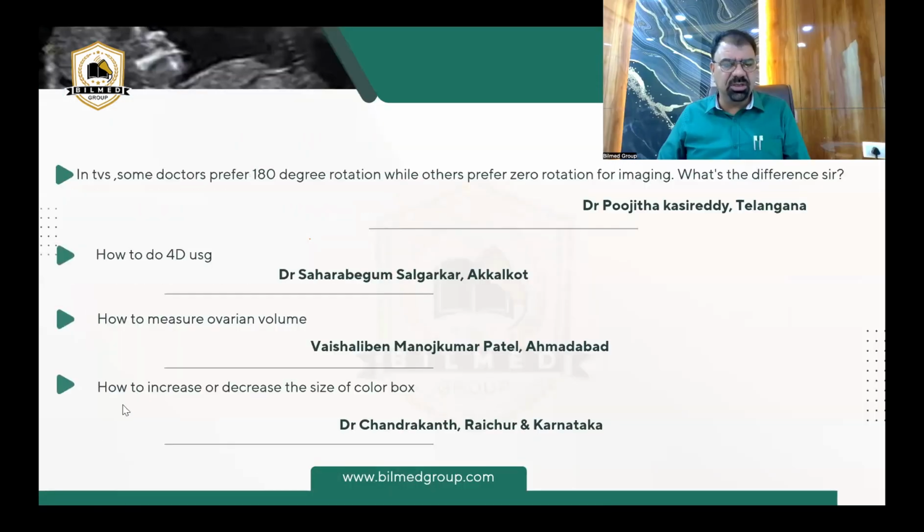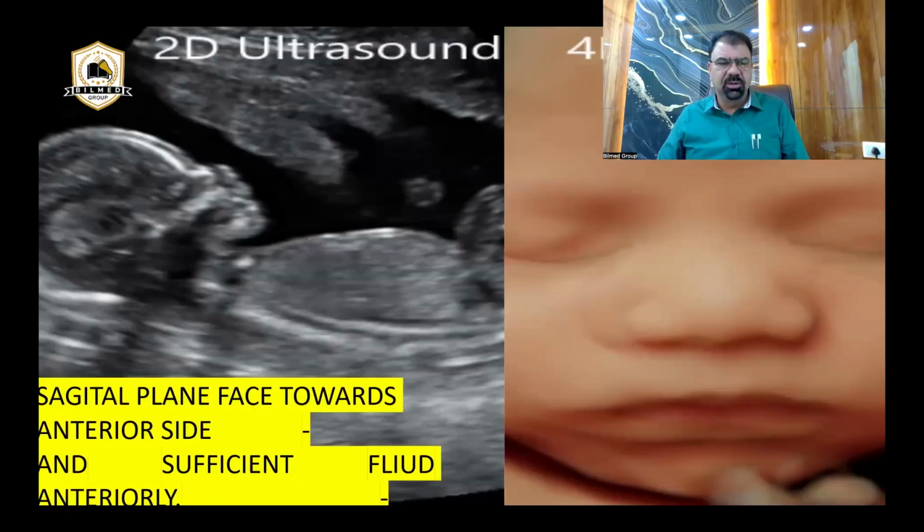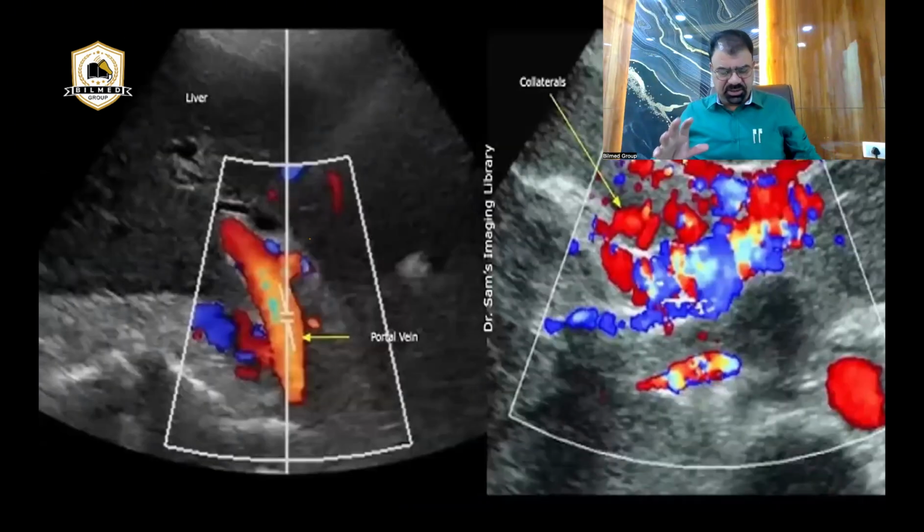The next question is how to increase or decrease the size of the color box. Now see, in your machine, there is a knob, which is a trackball. You know it all.